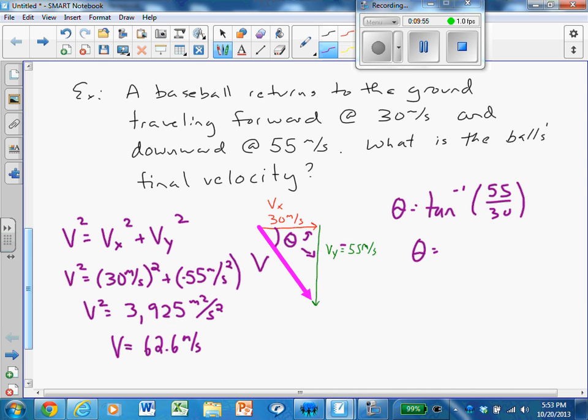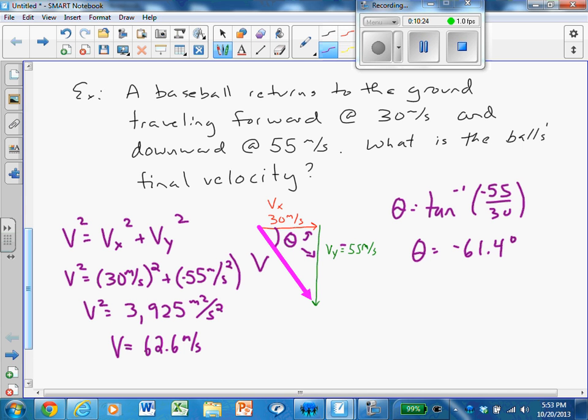So if I go to the negative, negative 55 divided by 30 gives me minus 61.4 degrees. Okay, or 300 and what? 18.6, is that right? If you went around and designated it that way.